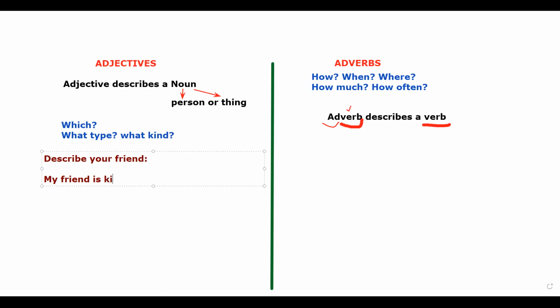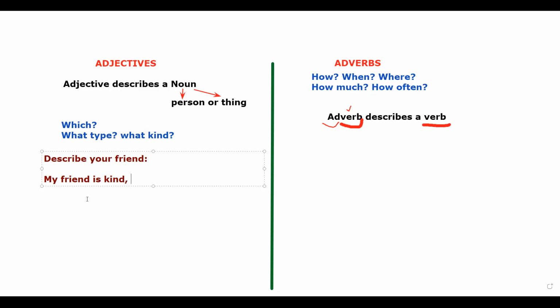So, for example, kind. My friend is kind. If you put a question to this word, kind, you can say, which is your friend? Or what type of person is your friend? What sort of person is your friend? So the adjective will answer these questions.